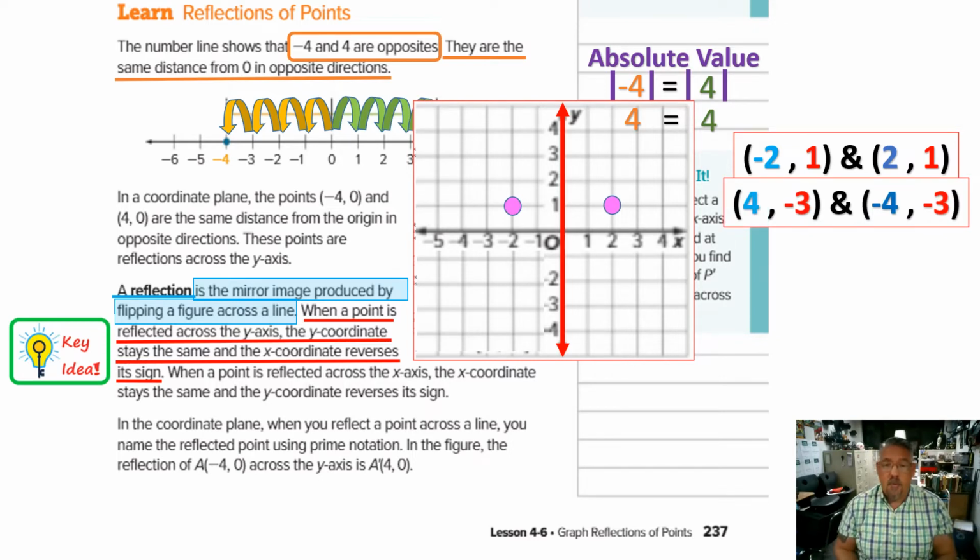There's another example. So if I know that I have +4, -3, then I know I'm going to go to the right to the positive numbers, 4, right? And then I'm going to go down 3 because it's -3. Its reflection has to be the exact same distance across the y-axis. So the -3 stays the same.